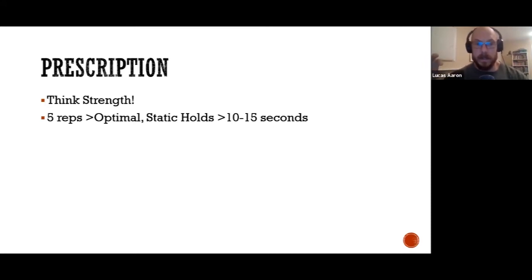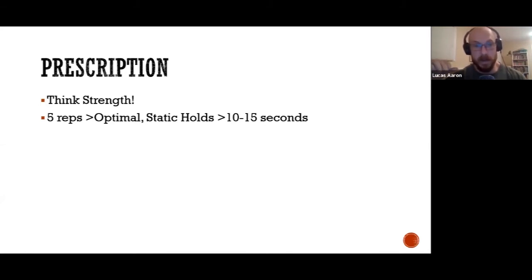Within that, the static hold is in a strength zone as well. So that strength and power zone of 10 to 15 seconds is more optimal for end range agonist activations for what we want it to do.